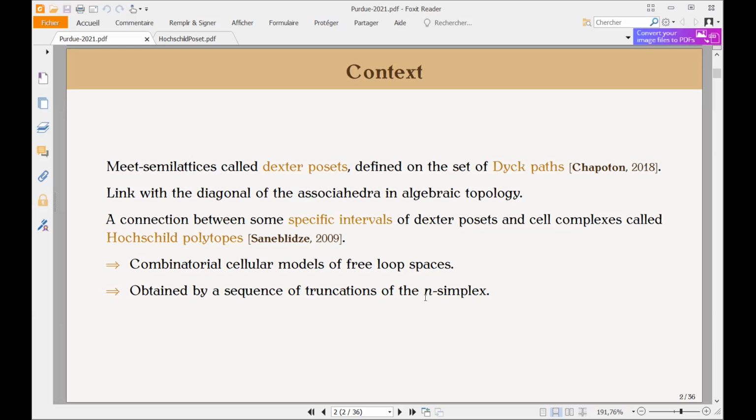And then this chain complex is isomorphic to the chains on a certain cellular complex. And the cells in this cellular complex are certain polytopes that are associated to Hochschild monomials. And these polytopes can be characterized, and they were called by Saneblidze Hochschild polytopes.